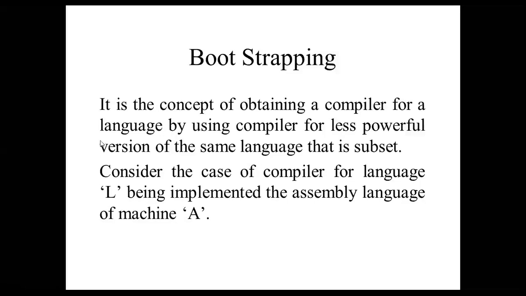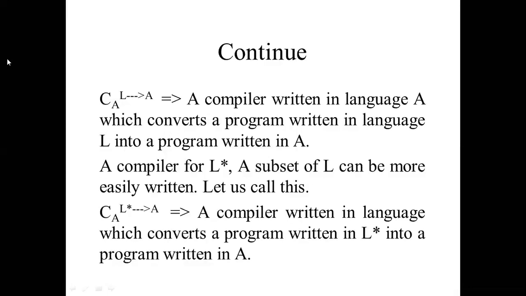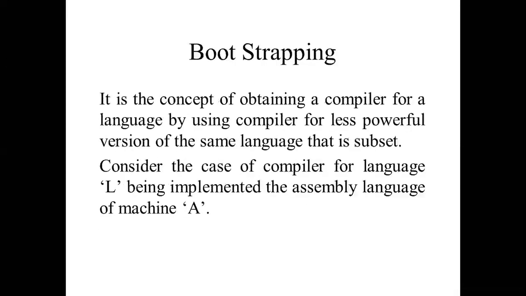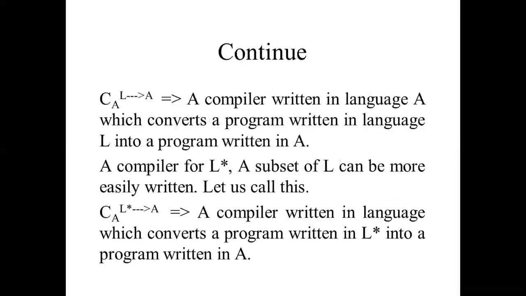For that, we are going to consider the case of a compiler for language L being implemented in the assembly language of machine A. We are considering here the example C suffix A, and it is showing L to A. So this is the way to write it. What is this A?